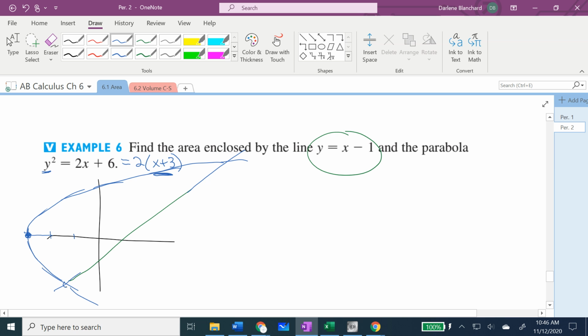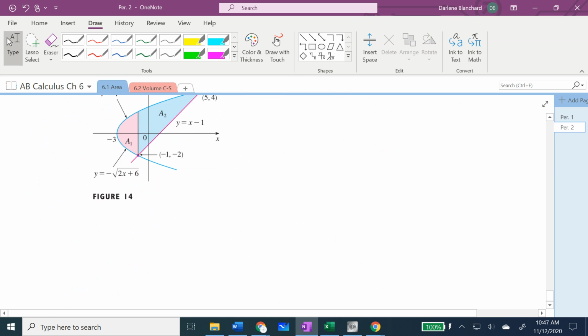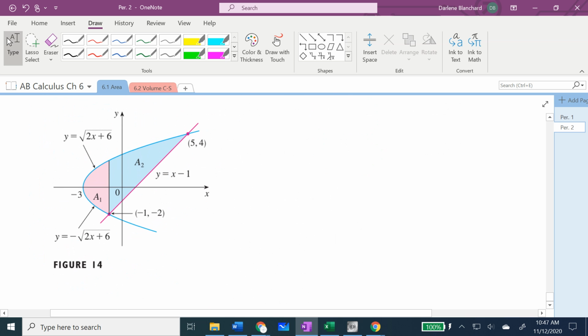And you can see we have 2 intersection points. Now, you do not want to find area this way. I don't know if you can tell how much of a nightmare that is. This is the nightmare.